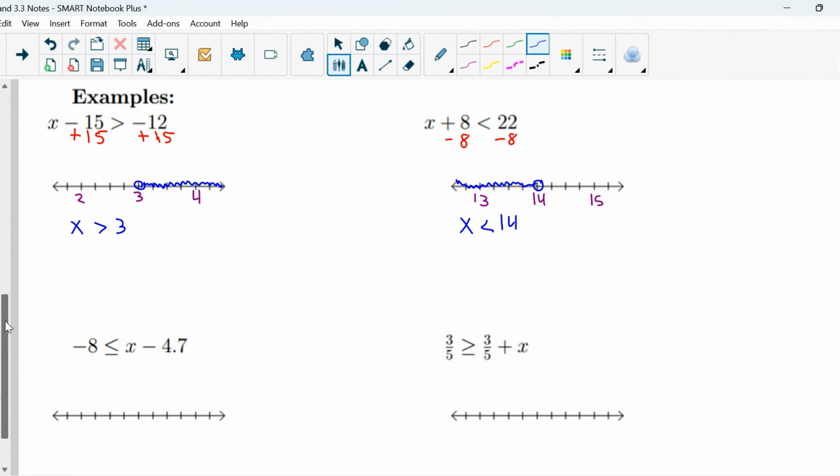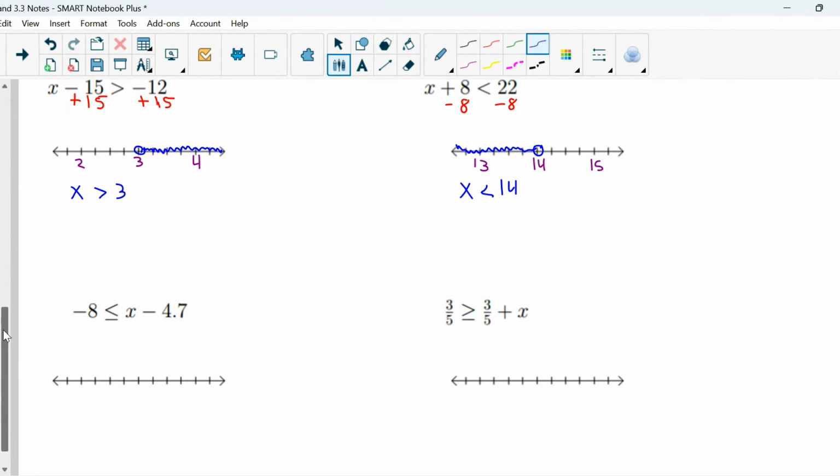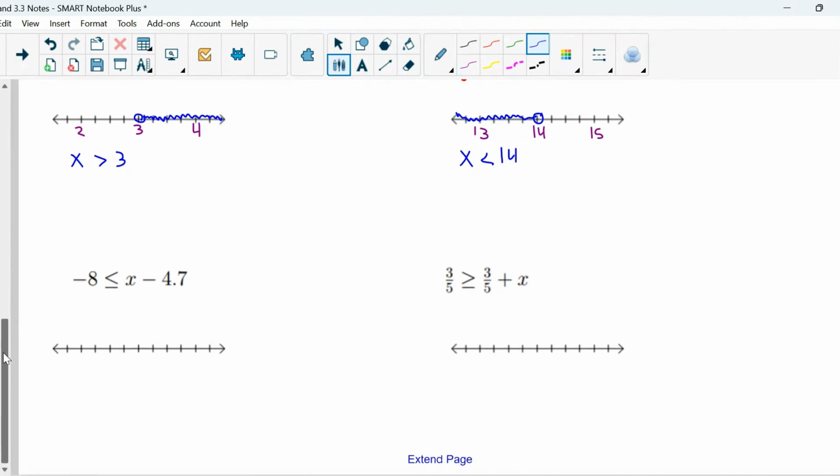So let's go ahead and use these same steps for our next couple of examples. For our third example here, we have negative 8 is less than or equal to x minus 4.7. So let's go ahead and add 4.7 to both sides. Inverse operation of subtracting.